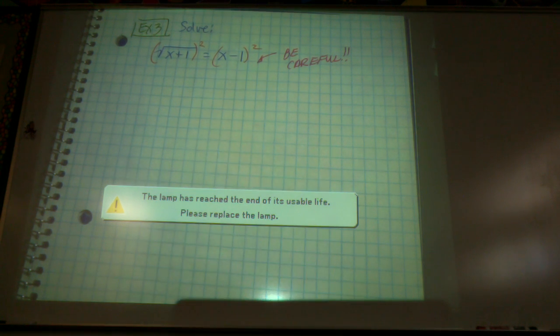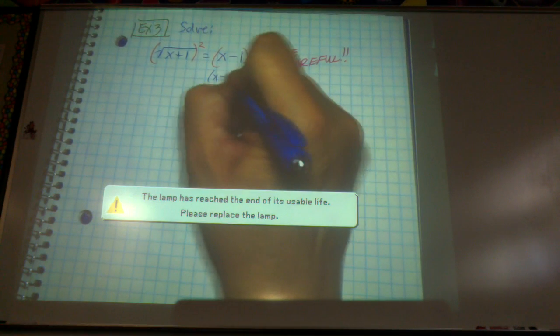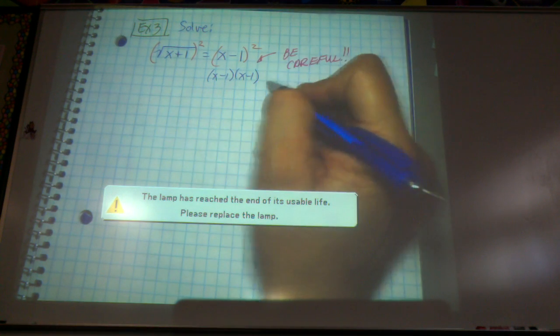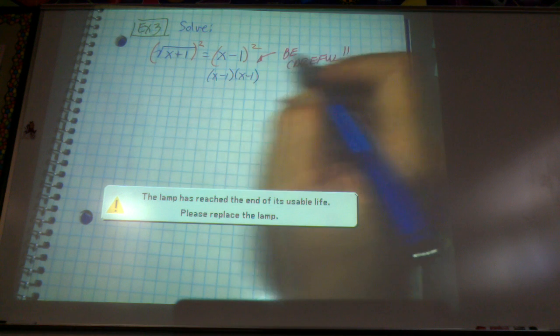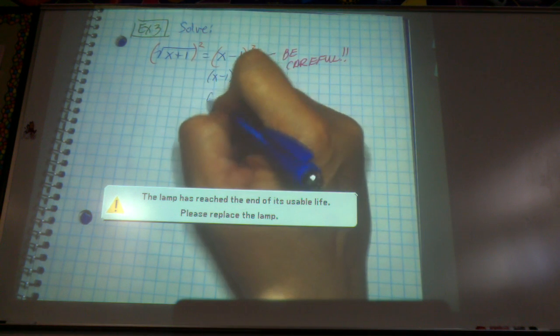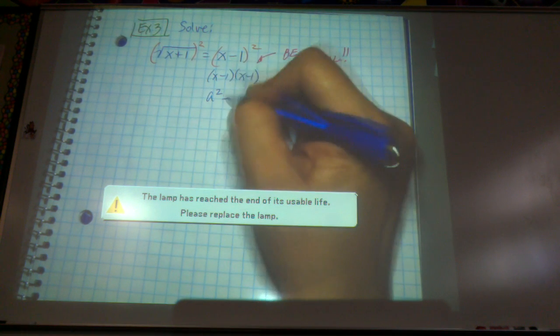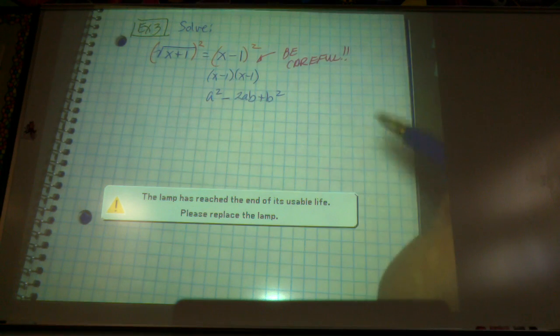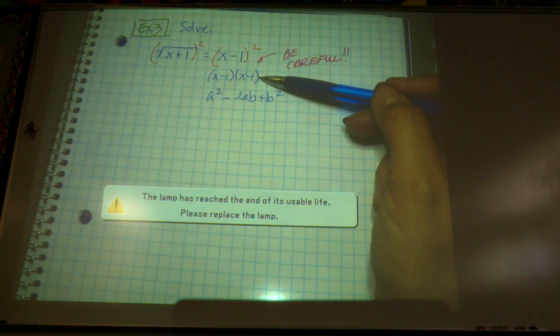So you either have to rewrite this as x minus 1 times x minus 1, and then double distribute that, or we have to use the pattern of a squared minus, because this is negative, 2ab plus b squared. If you don't know your pattern, you better be doing it the long way.